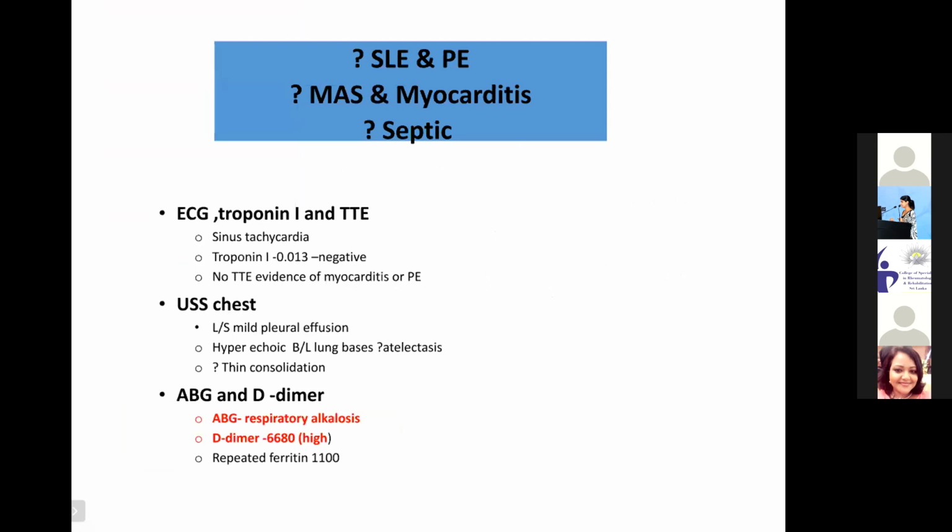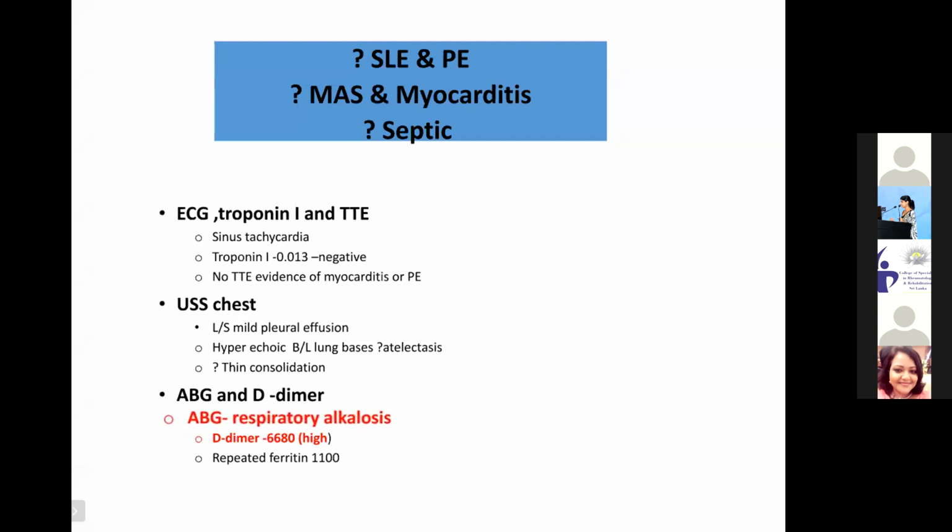ECG was suggestive of sinus tachycardia, troponin I was negative, and there was no transthoracic evidence to suggest myocarditis or pulmonary embolism. Ultrasound chest suggested a left side mild pleural effusion, hypoechoic bilateral lung bases, suggestive of either atelectasis or a thin consolidation.